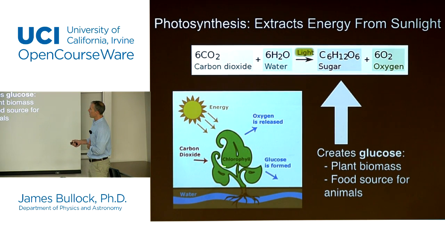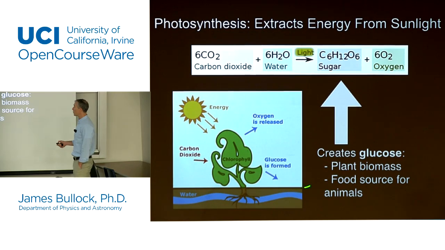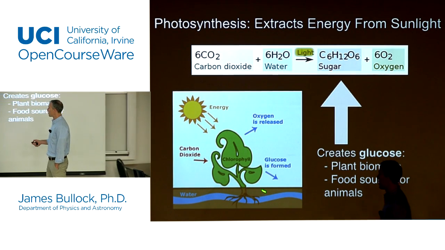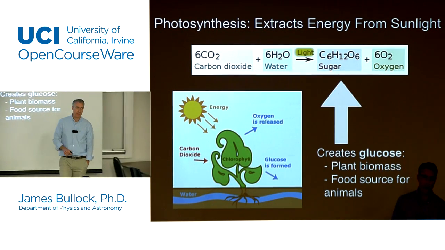It hits the plant, and specifically the plant uses chlorophyll to absorb energy from the sun. Oxygen is released as a waste product. The plant effectively breathes in carbon dioxide, and uses the carbon from the carbon dioxide to create glucose, a type of sugar that's then used to build the biomass of the plant.